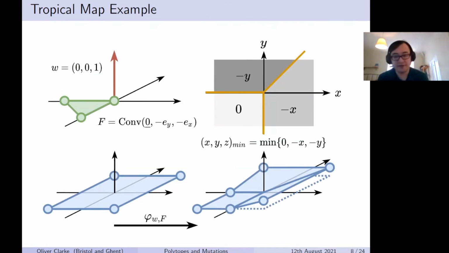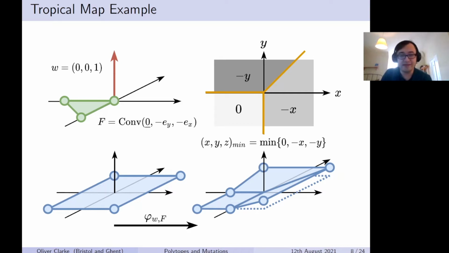Let's look at a slightly larger example. So this is in 3D. Take W to be the vector pointing upwards, and F is the convex hull of the origin and two unit vectors. So how does x min look like here? If I take a point (x, y, z) and look at min, it's going to be the minimum of 0, minus x, and minus y. And you notice that this doesn't depend on z.